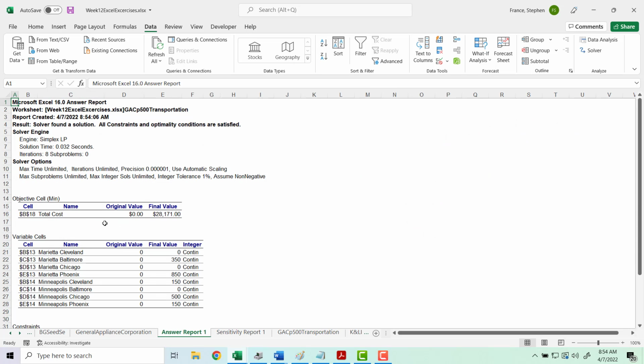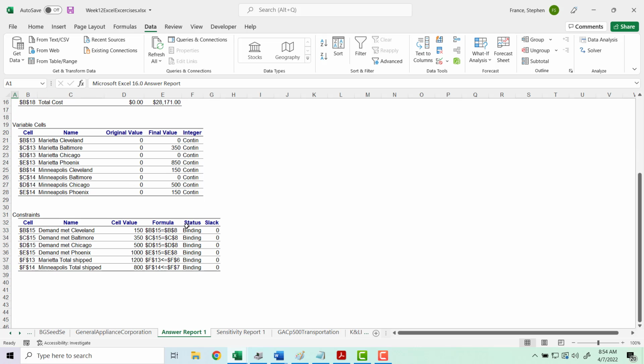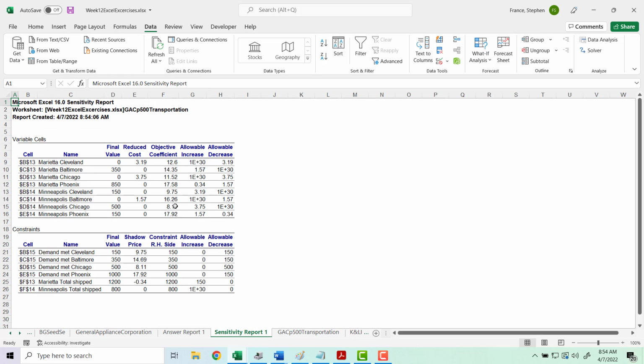Let's just have a look at our answer report. Again, we get the summary of the variables, and we see here that all the constraints are binding. This was pretty nicely done. It all added up. We didn't have any excess capacity. And then we have some of the sensitivity analysis. Let's just have a look at the shadow price.